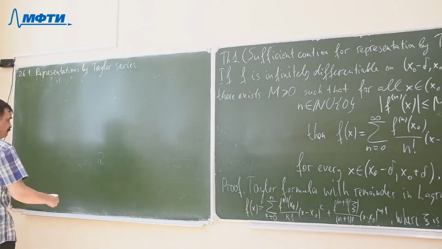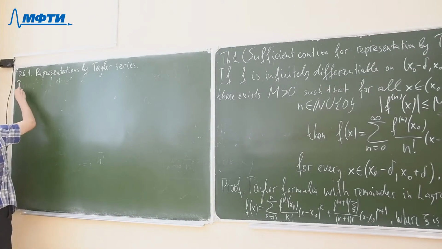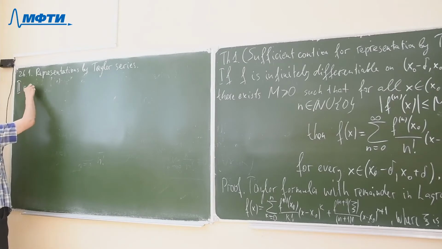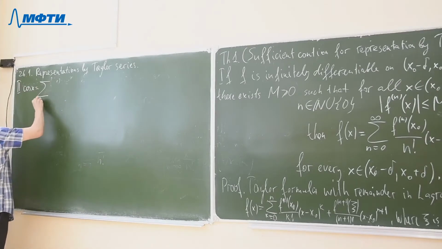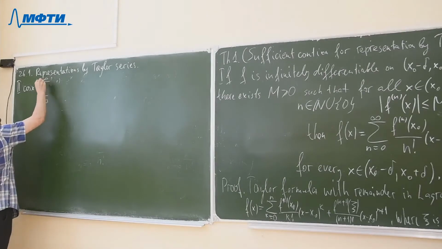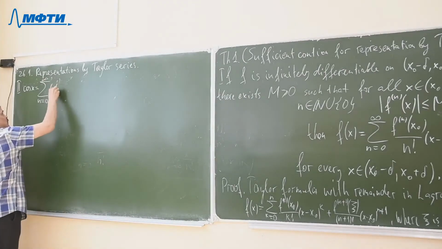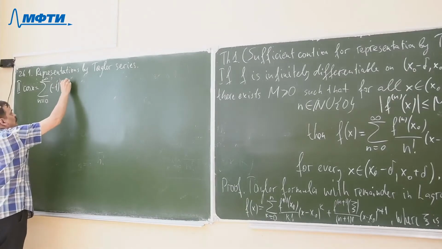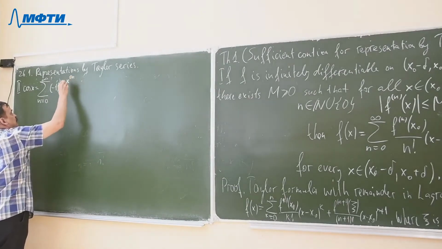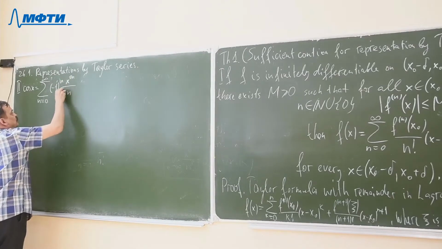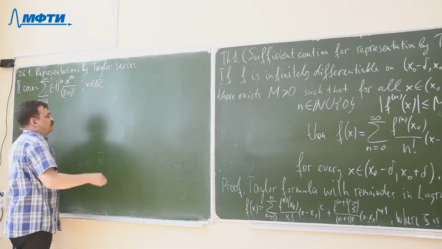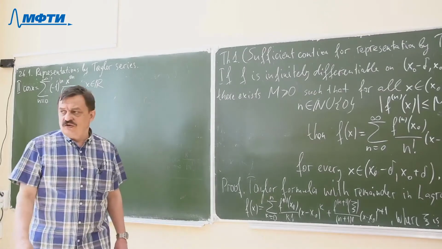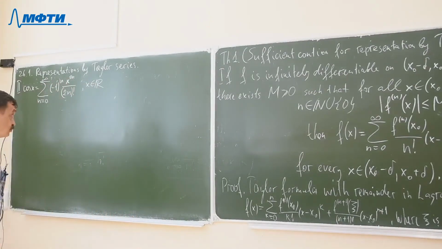Let's start with cosine x. So cosine x equals the sum n from 0 up to infinity of minus 1 to the power n, x to the power 2n over 2n factorial, and once again this is valid for all x real.